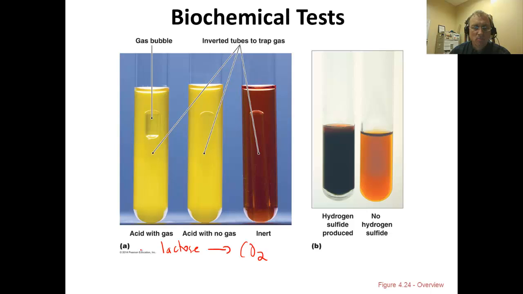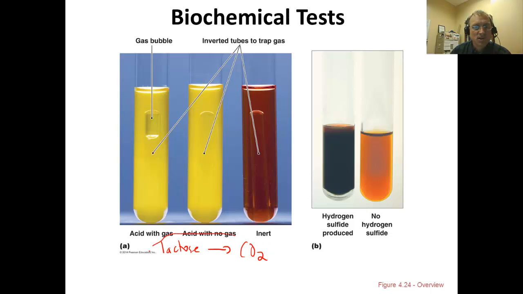A microorganism that has the enzymes necessary to accomplish this reaction would produce the gas. A different microorganism that lacks the enzymes to do this would give a very different result. And so we might interpret this tube on the left as being positive for the enzyme activity of taking lactose and producing gas from it.